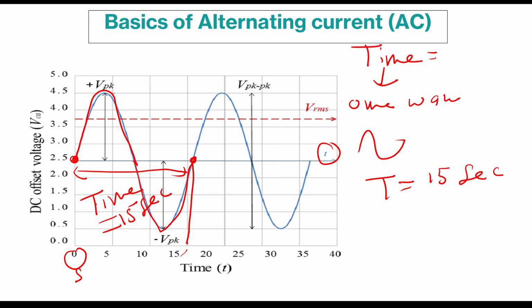But there is another way to find the time period. This is the first maxima, and this is the next consecutive maxima. The time between the two maxima, from here to here, is also the time period.